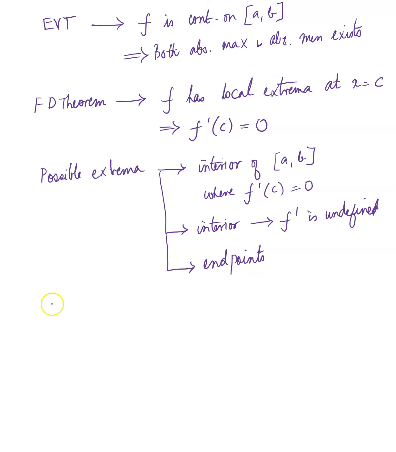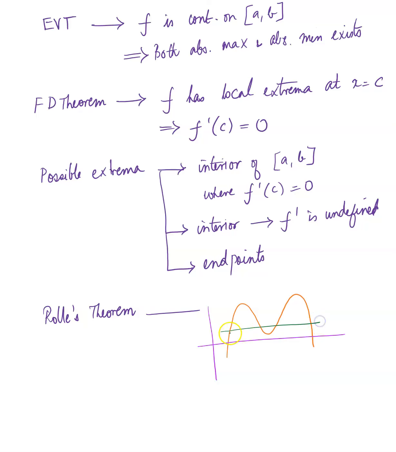Then we saw Rolle's theorem. Rolle's theorem was something like this, right? Think of the setup, and let's say a and b and f of a equals f of b.